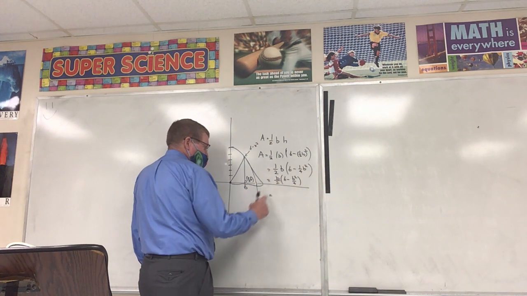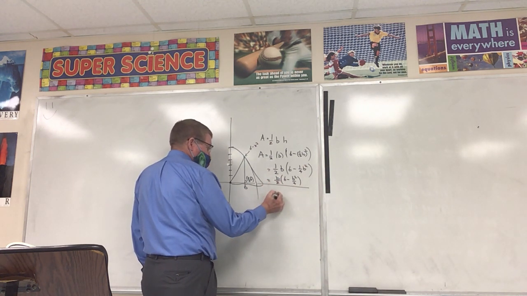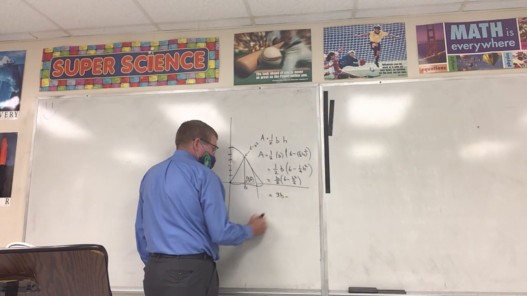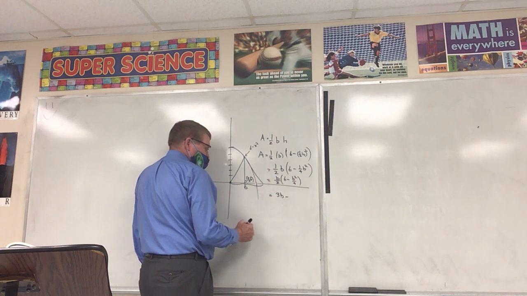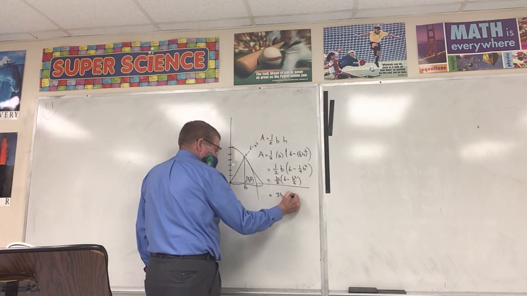Let's just go ahead and multiply these first. b over 2 times 6. 6b over 2, 3b. And then minus b cubed over 8.